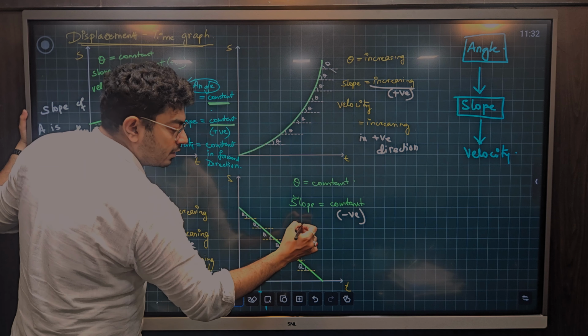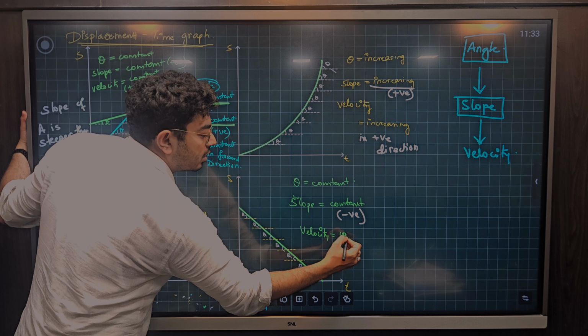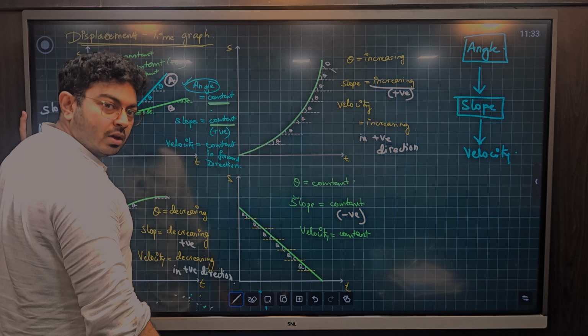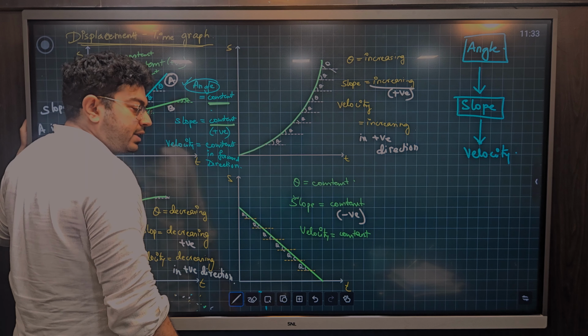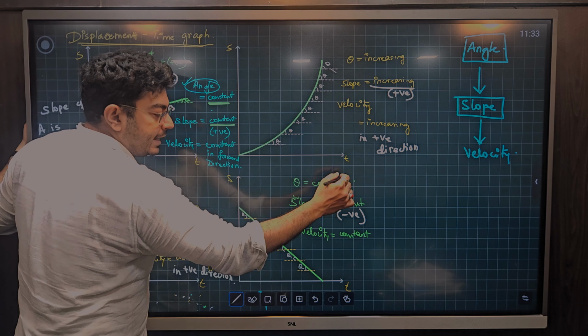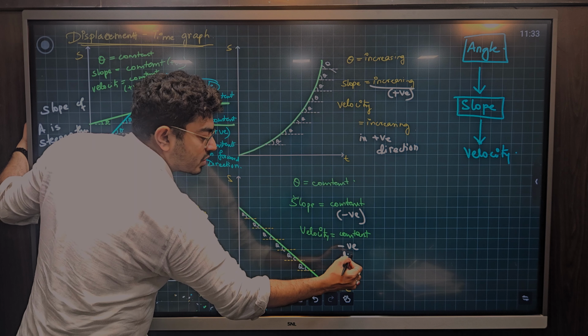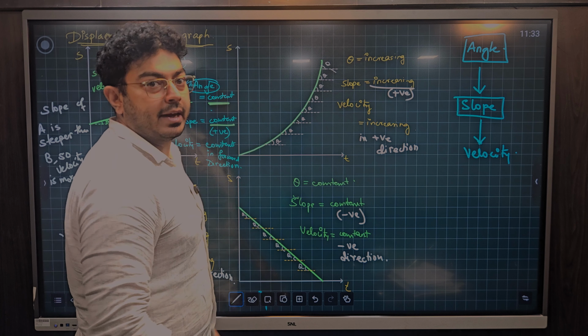Slope represents velocity. So velocity is also going to be constant. When velocity is constant, what does that mean? Here velocity is constant but in negative direction. Very important. Velocity is constant in negative direction.